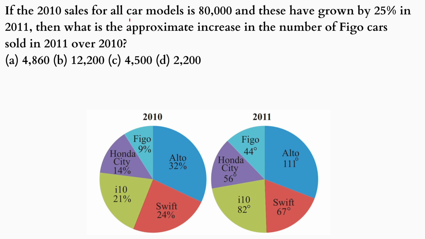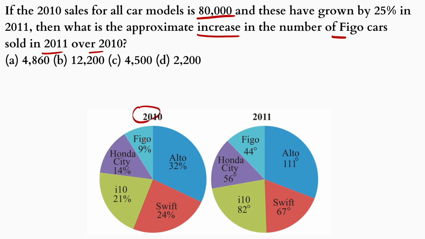The 2010 sales of all the car models is 80,000. But we are asked to find out the Figo cars value. Let's first calculate the value and then we will move on to the increase in the number of Figo cars sold in 2011 or 2010.